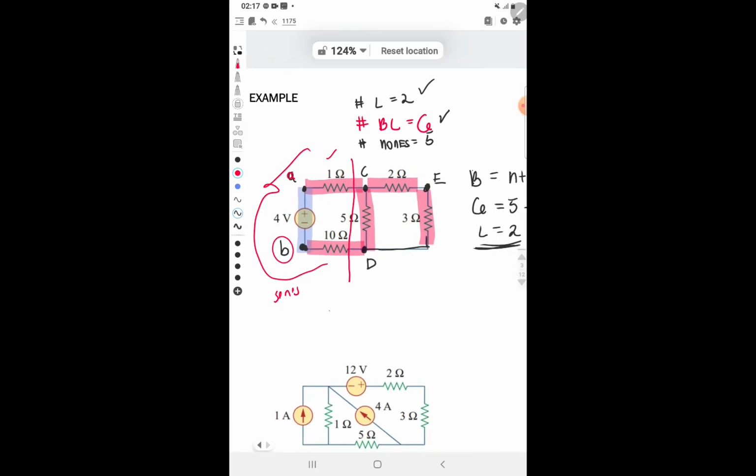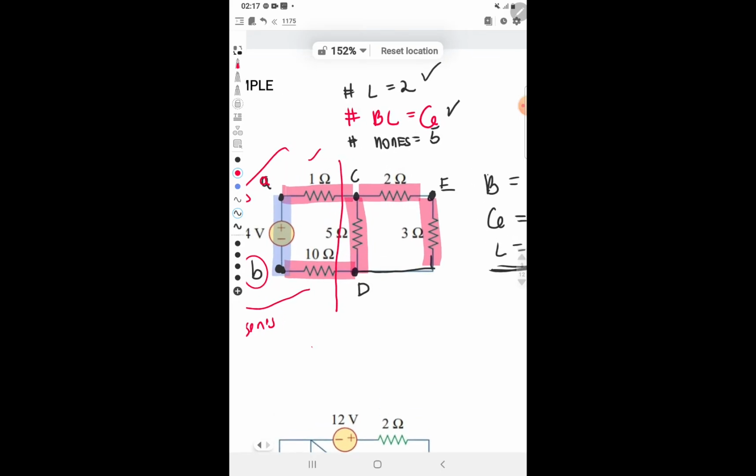Another is our 2 ohm. Sa terminal of 2 ohm share a terminal at 3 ohm in our node E, and then the two combination share 2 nodes, which is C and D, which we may say that 2 ohm and 3 ohm are also connected in series, and their combination is connected in parallel with our 5 ohm.